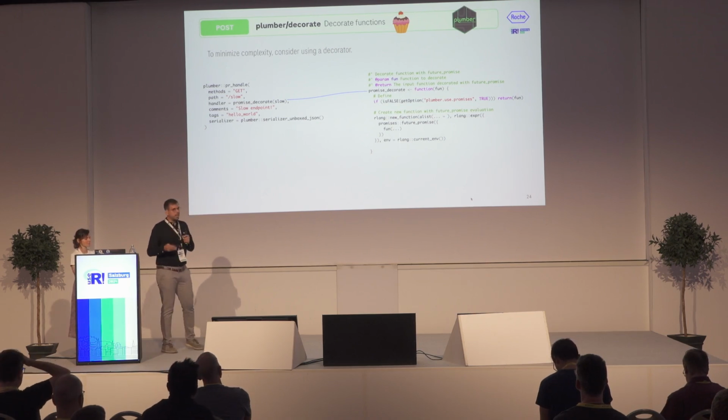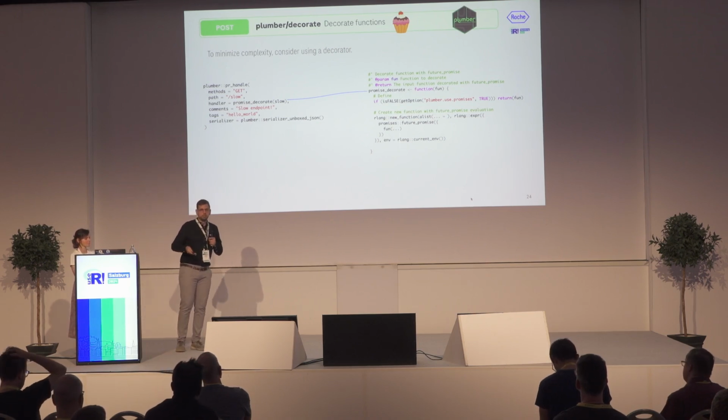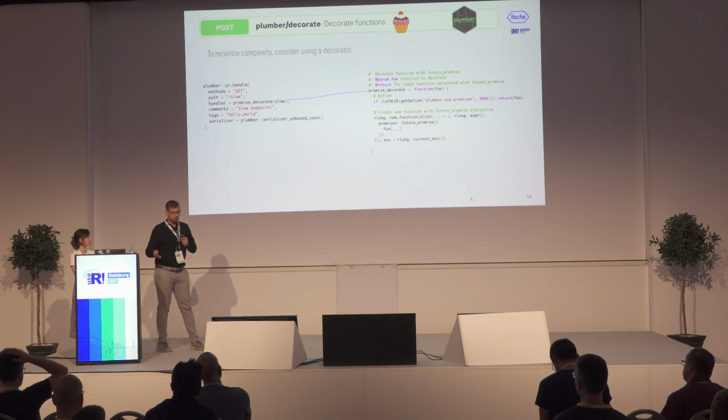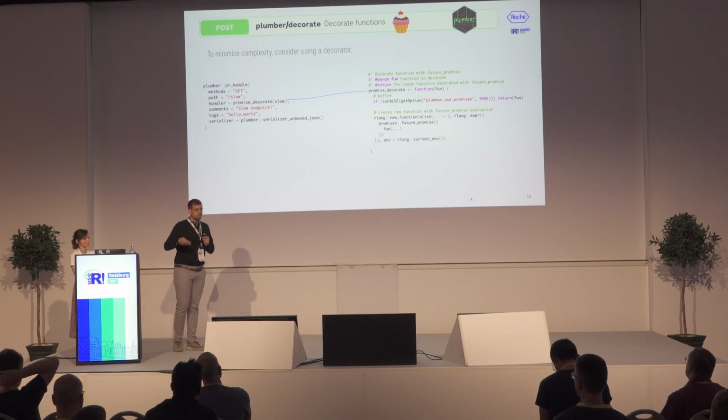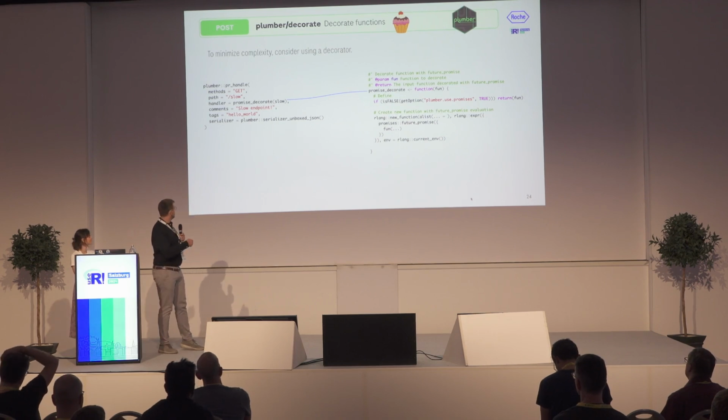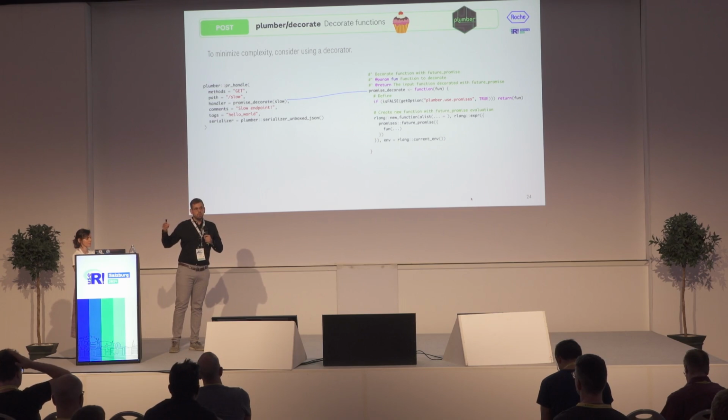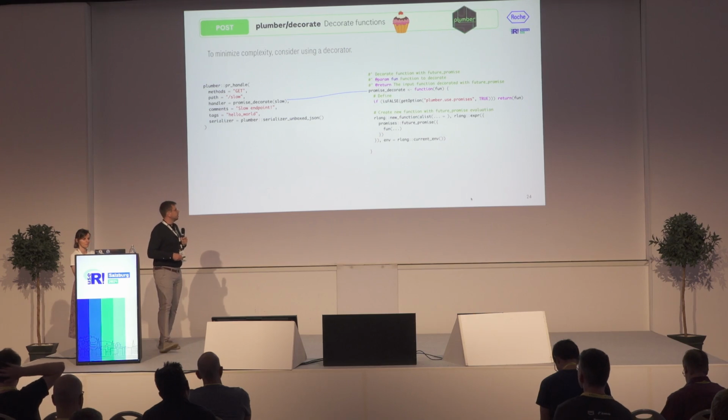I really encourage everyone to consider using this technique to improve the quality of the package, because you can separately test the slow function, and also you can be confident that this promise decorator does what it needs to do. So separate tests, without combining the logic together.